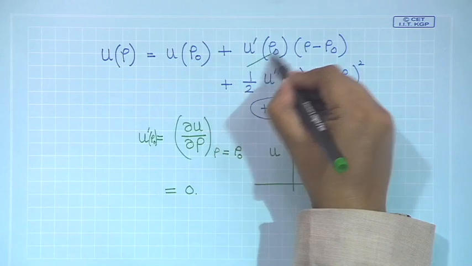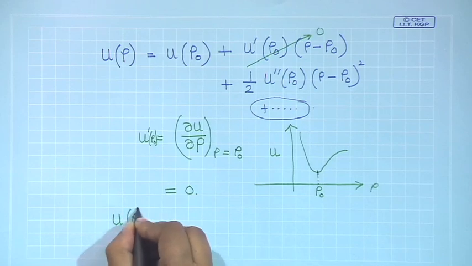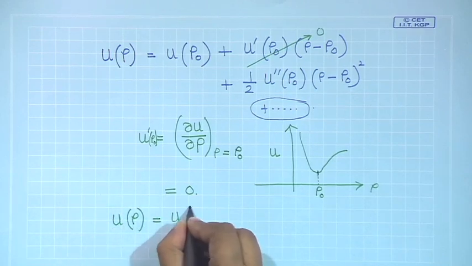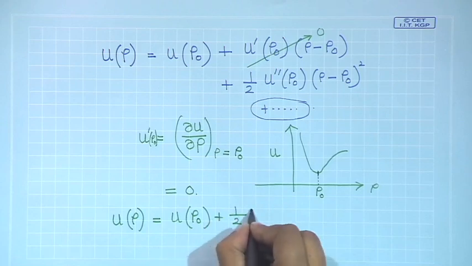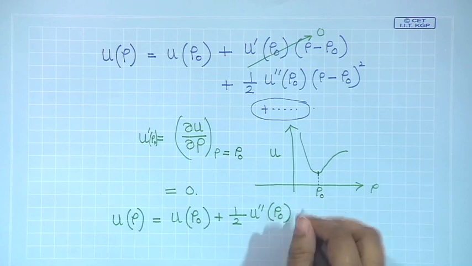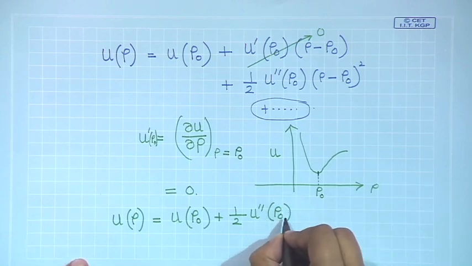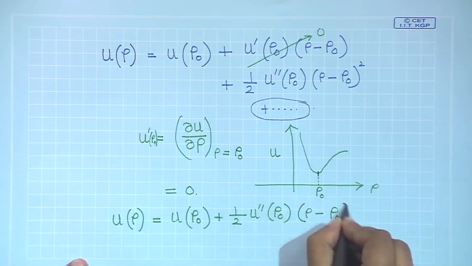Then I have u of rho simplifying to u of rho naught plus half of u double prime, that is the second derivative of u with respect to rho evaluated at rho equal to rho naught, that is the equilibrium bond length, into rho minus rho naught whole square.